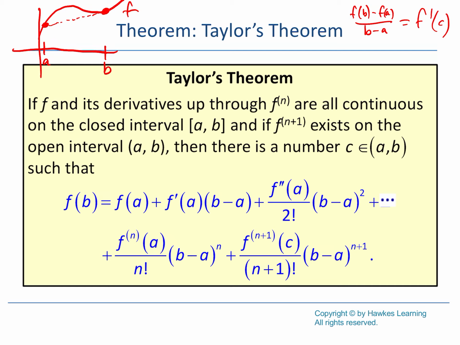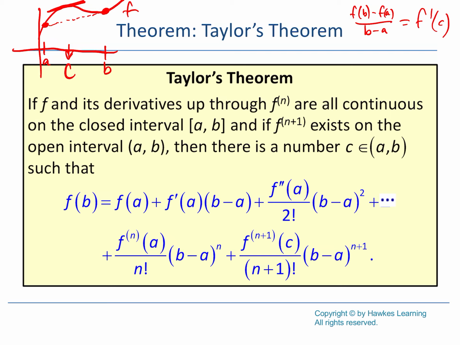So we have a continuous function on this interval, and we're saying that there's some c in this interval where the derivative at c matches the slope of the average rate of change over the interval. So that's a very quick synopsis of the mean value theorem.